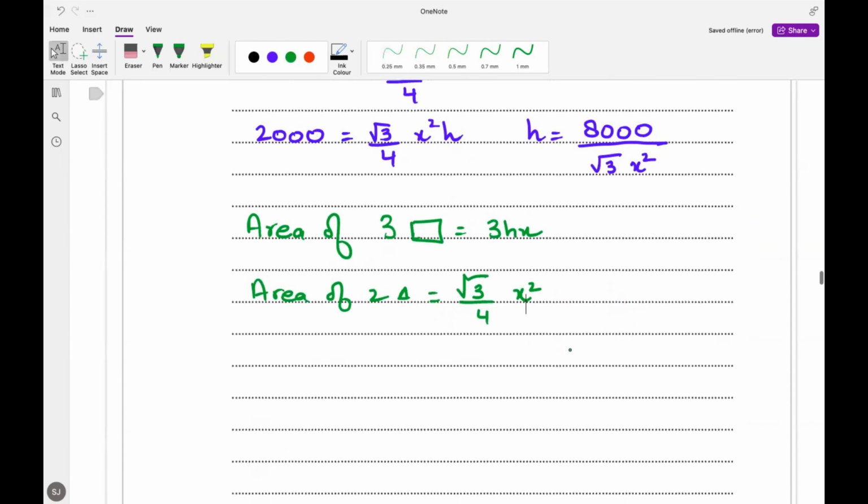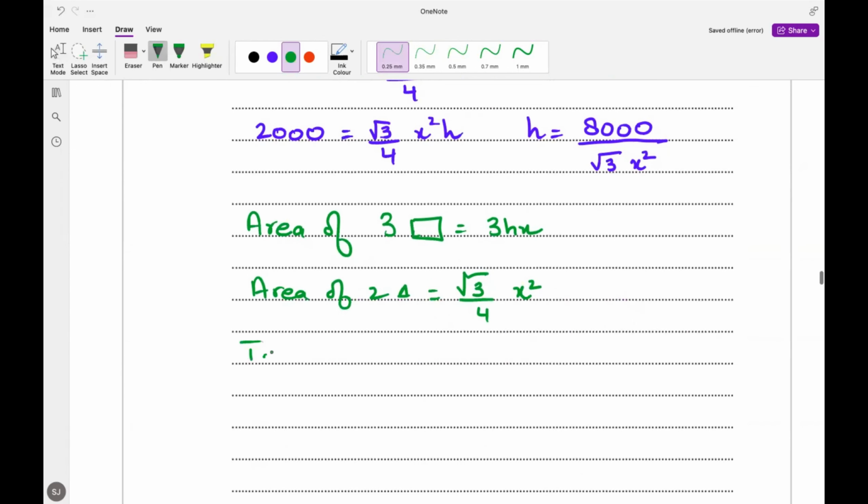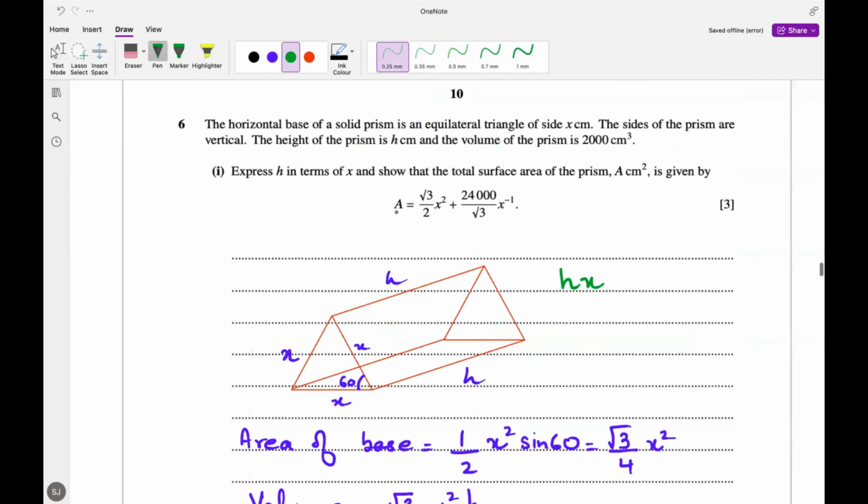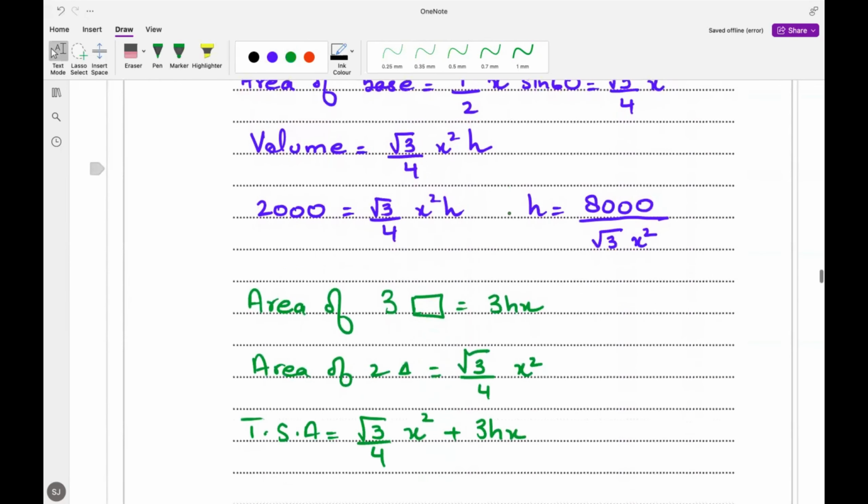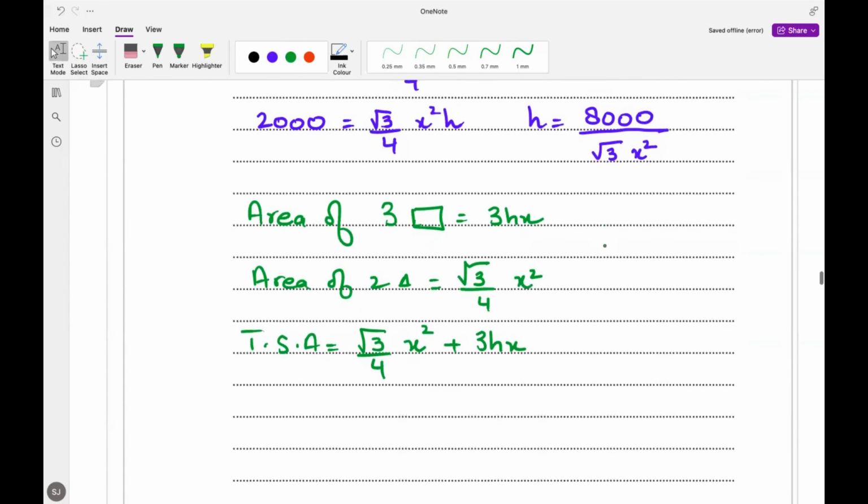For the total surface area, we'll just simply add the two areas, so that will become root 3 upon 4 x squared plus 3hx. Now, as we have to give our surface area in terms of x only, in place of h, we can use the substitution 8000 upon root 3 x squared.